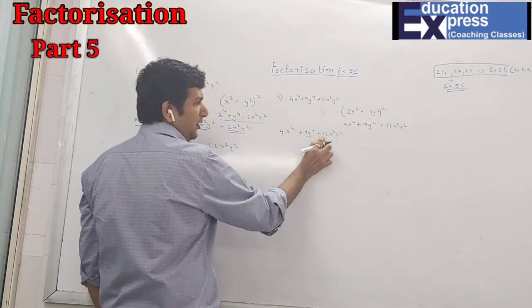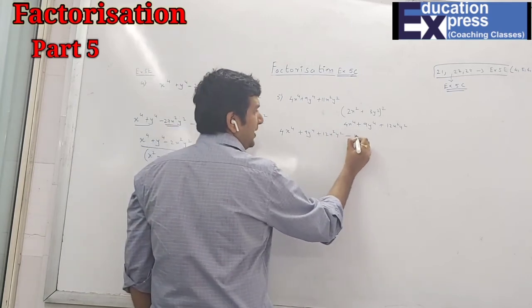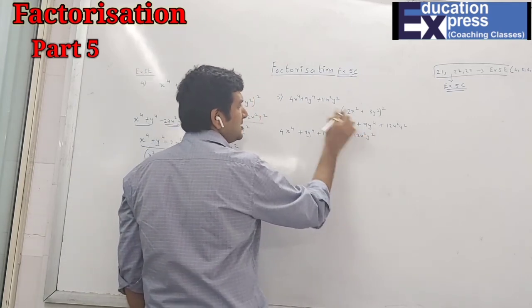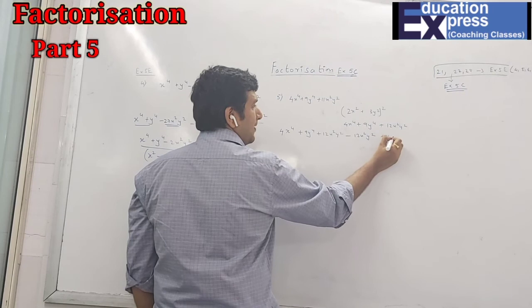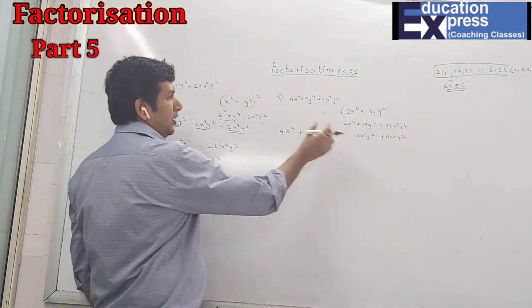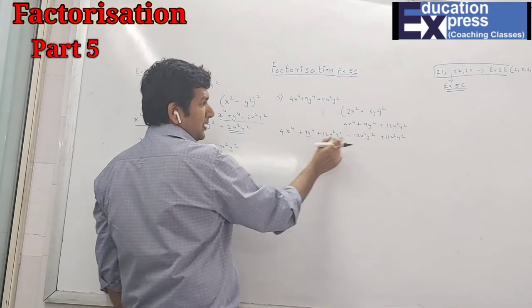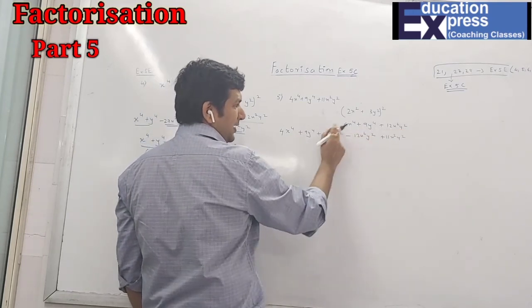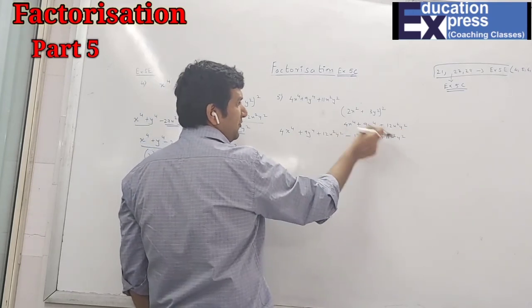You wrote this. Now you have to add extra, so now do minus. And what is left? 11x square y square. So everything over here I have done as it is. Then I have taken this extra, so at the same time I have subtracted this, and what is left is 11.